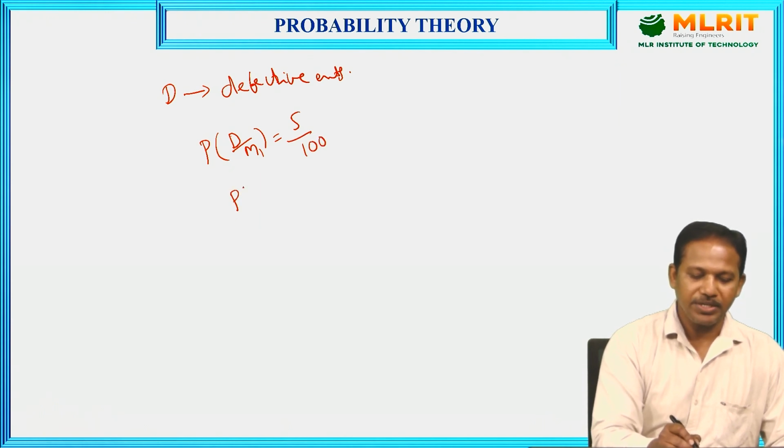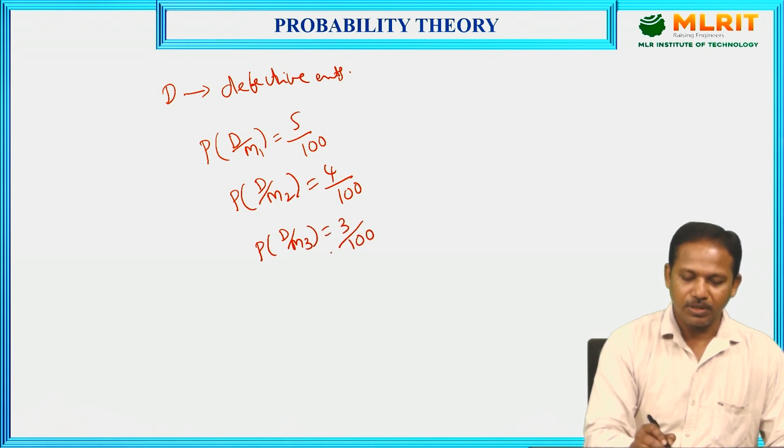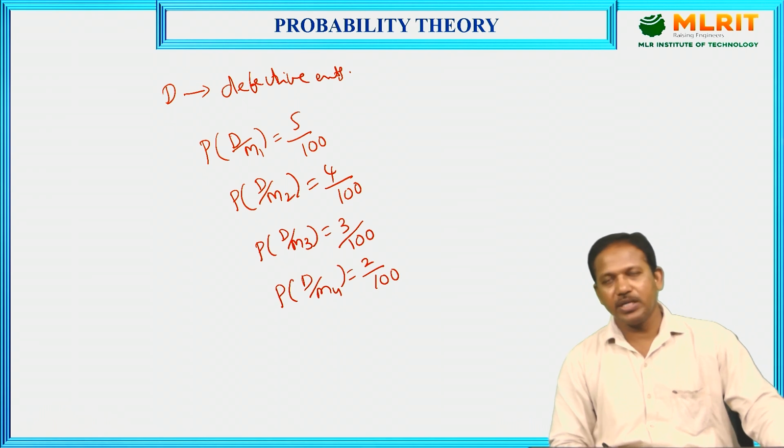Next, machine 2, P of D by M2, that is 4%. Machine 3 produces 3% defective items and machine 4 produces 2%. I know the defective probabilities also.